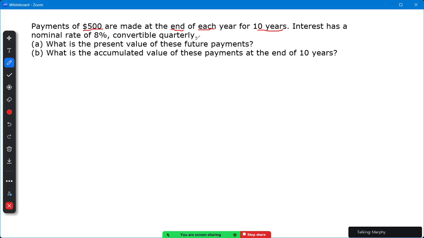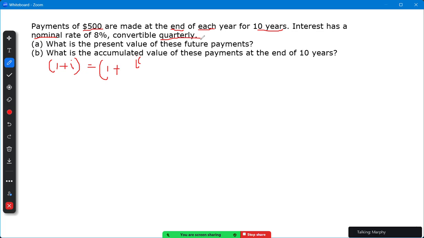Now, usually, whenever we have the interest rate given as a nominal rate, we'll have to change it to an annual effective interest rate. And how do we go about that? Changing that to the annual effective interest rate is going to be 1 plus I, and then we have this to be equal to 1 plus, we have the i with this notation here. Now, remember, it's quarterly.